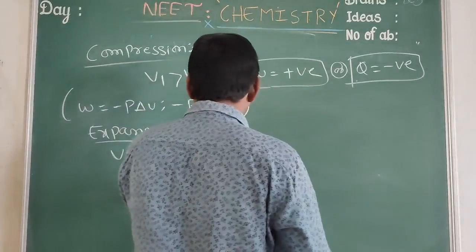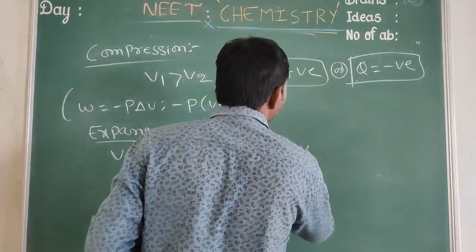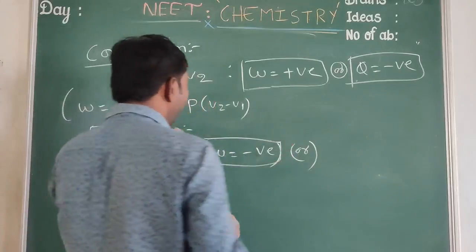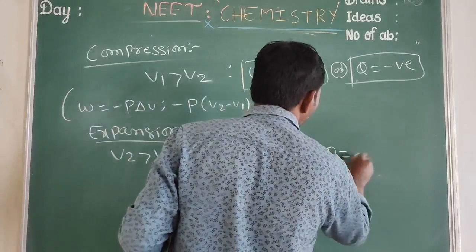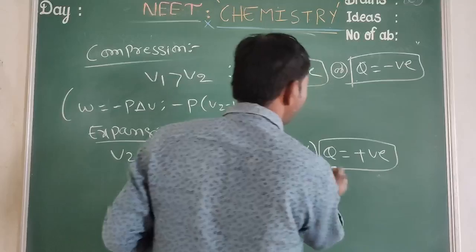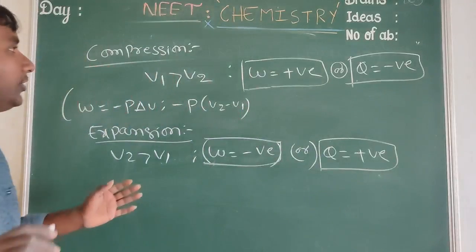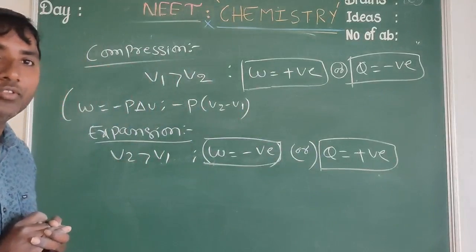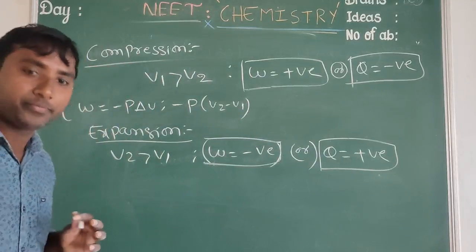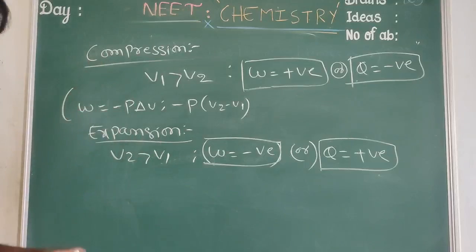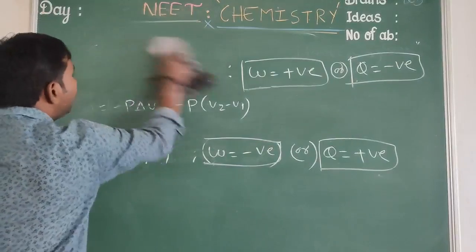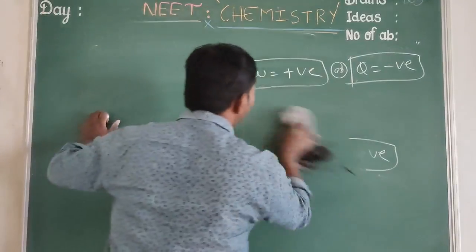Next, in expansion, work is negative, so automatically the heat energy change is positive. So work and heat energy are both opposite in an isothermal process, for compression and expansion.